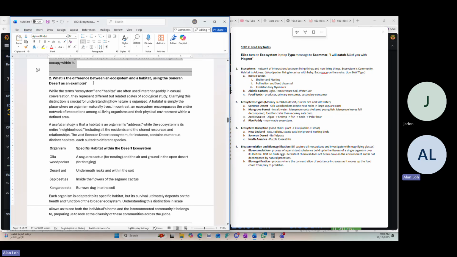Now read the question first and tell me which drawer do you think it is? Which drawer? Drawer number 2. Exactly, good.